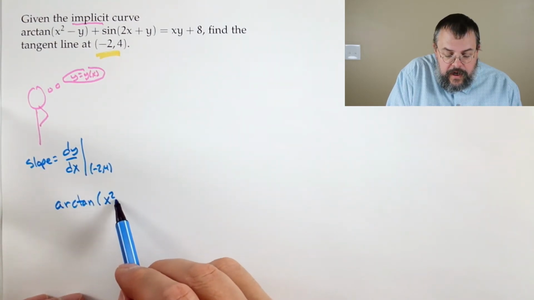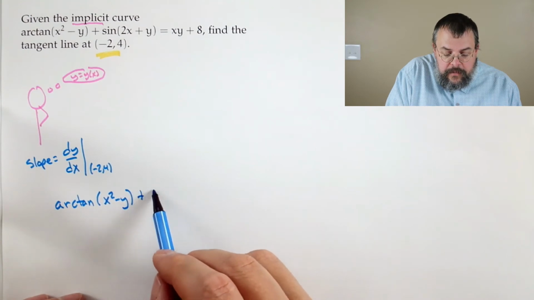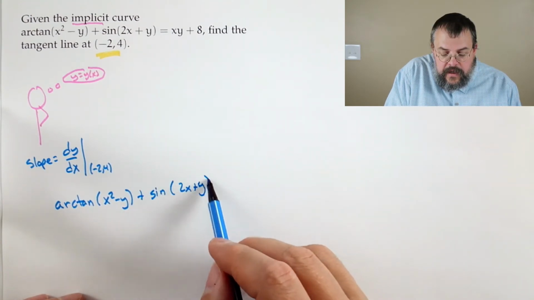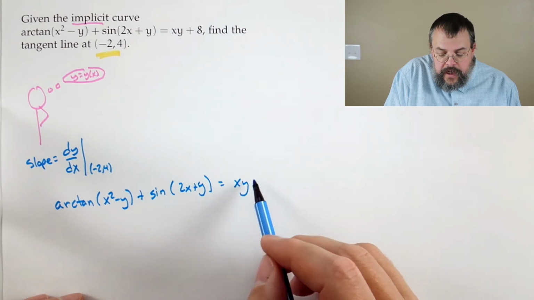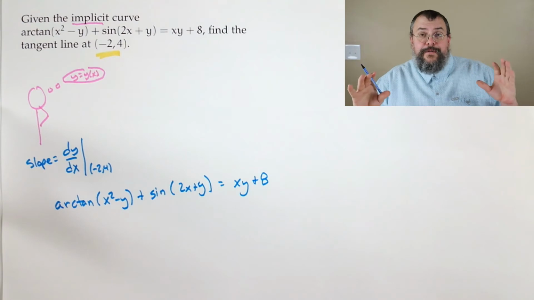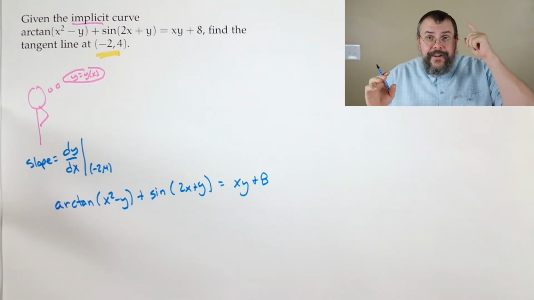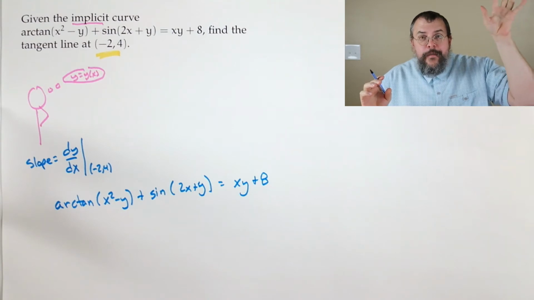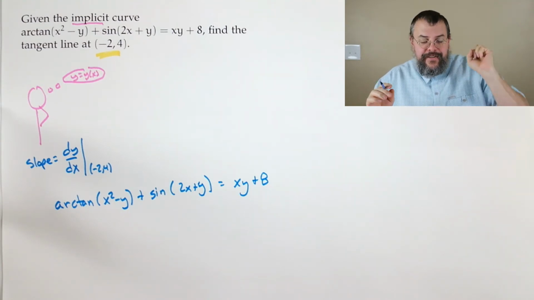Arctangent of x squared minus y plus sine of 2x plus y equals x times y plus 8. So again, we're going to take the derivative of both sides with respect to x, and in our mind, we have that little thought bubble. Whenever I see y, it's really a function of x.